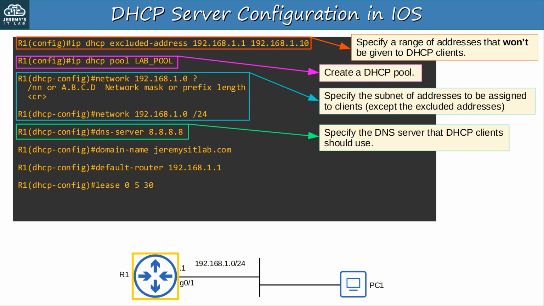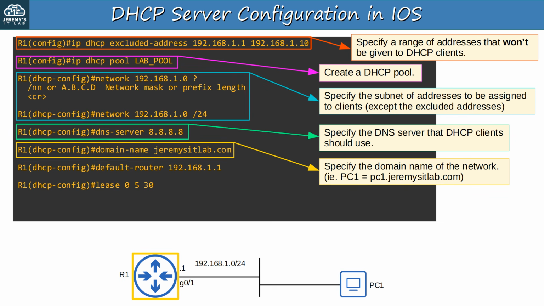Then you can configure the DNS server that clients in the network should use. So in this case, R1 would tell PC1 to use Google's DNS server at 8.8.8.8 for its DNS queries. You can also configure the domain name of the network. In this case, R1 will tell PC1 that it is part of the domain jeremysitlab.com.